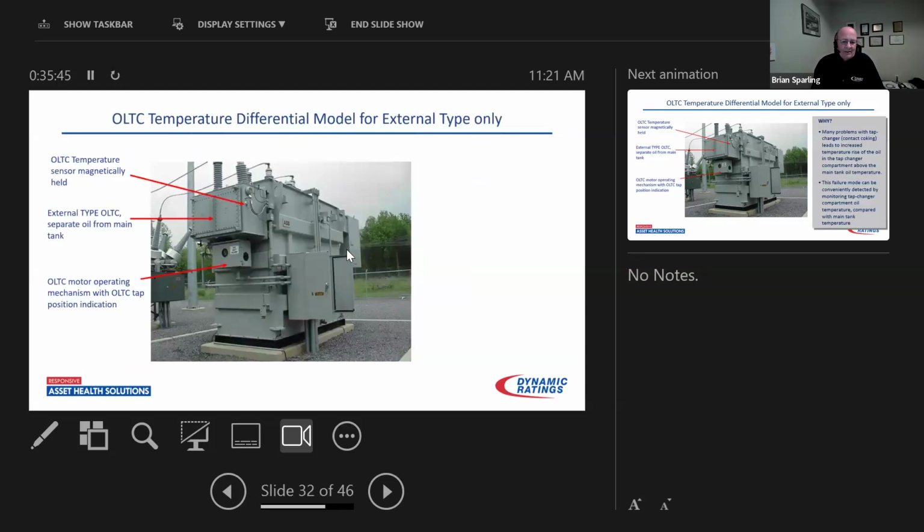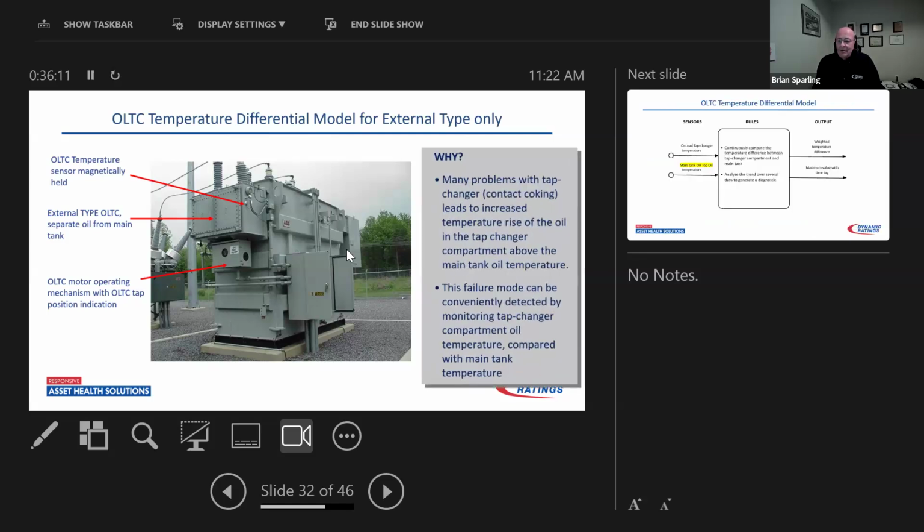One of the easier ways, and this is proven over many years now, externally with compartment type tap changers, as you see here, is the temperature differential model on transformers equipped with such a tap changer. The oil in there is separate from the main oil in the tank of the transformer itself. We have the motor operator down below, and essentially it's a model looking for problems of coking contacts inside that tap changer compartment.